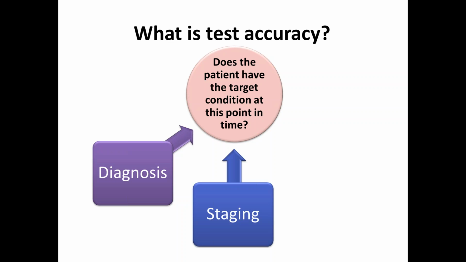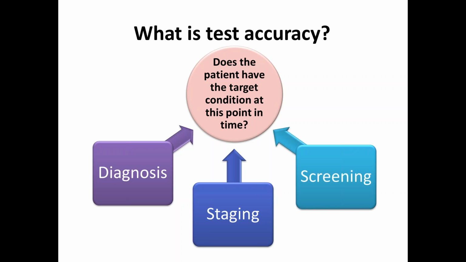Staging is about patients who have the disease, and we're looking to see whether or not they have different severities of disease. So in some diseases, the staging systems are very formalized, like in cancer. In other diseases, they're a little less objective, but we still want to measure the severity of disease.